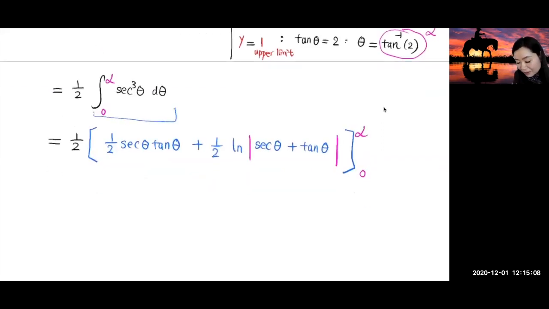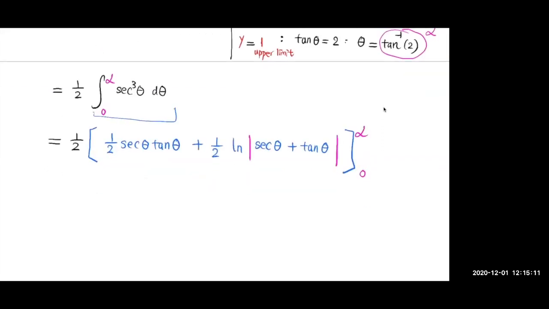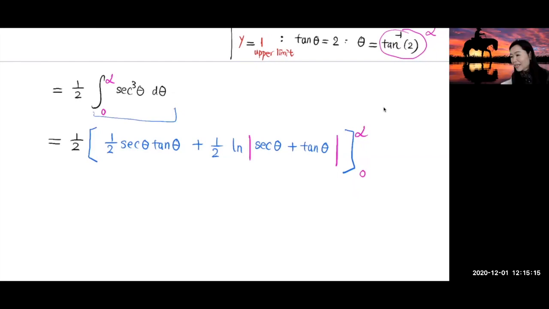So that is the antiderivative. I think we did this before, long ago. Now 1/2 times 1/2 is 1/4. This is going to become secant alpha tangent alpha, substituting alpha in it.